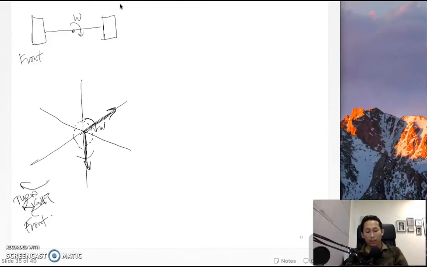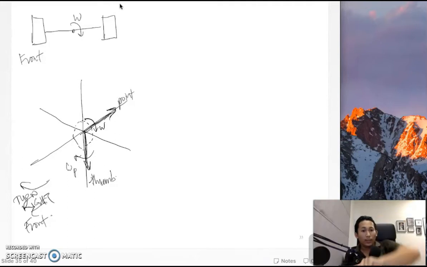So this is our pointing finger, this is our thumb, and that one is our middle finger.